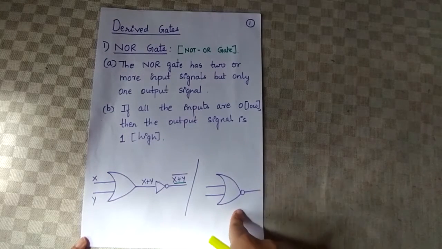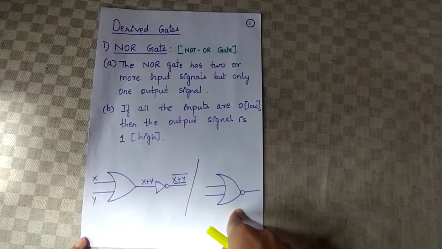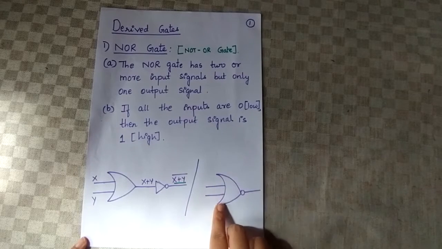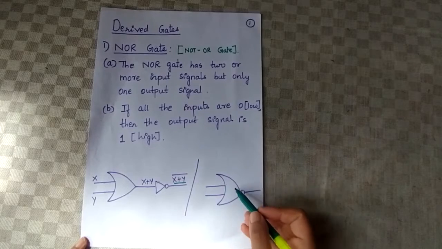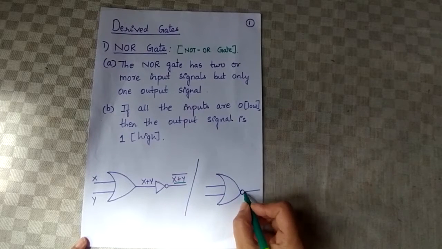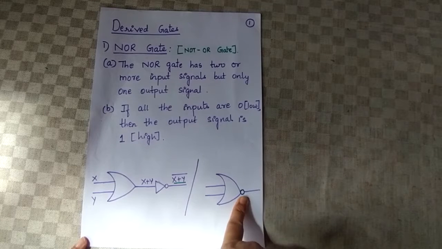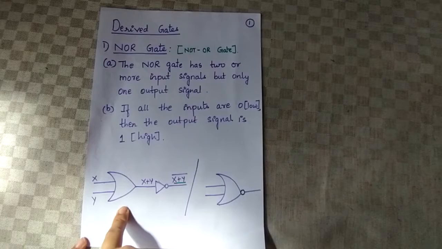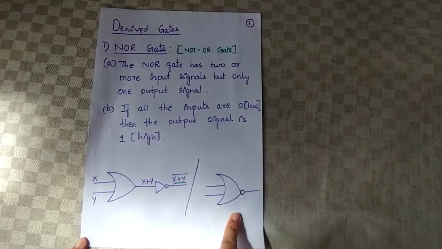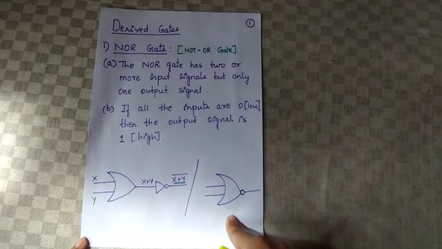There is another way in which you can draw the logic diagram for NOR gate. That is, you draw the OR gate symbol and apply an inverter here. This inverter indicates inverting the value, finding the complement of the value. Either you can draw the logic diagram in this form or in this form for NOR gate.